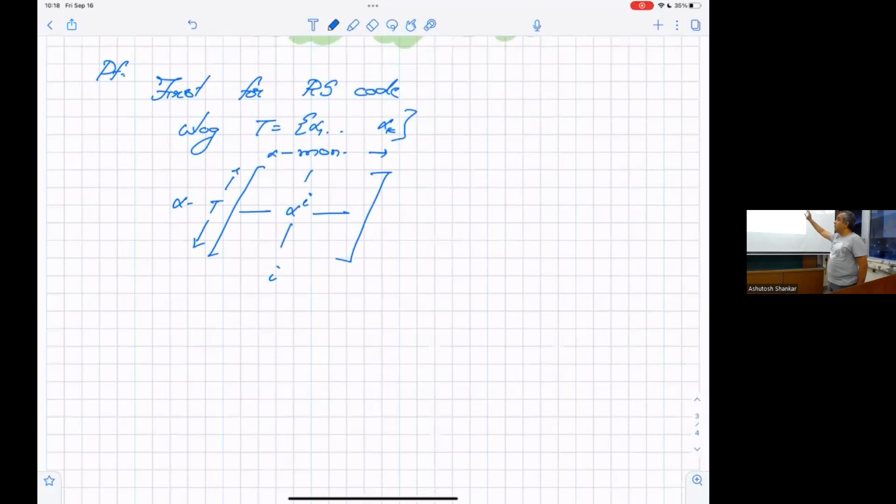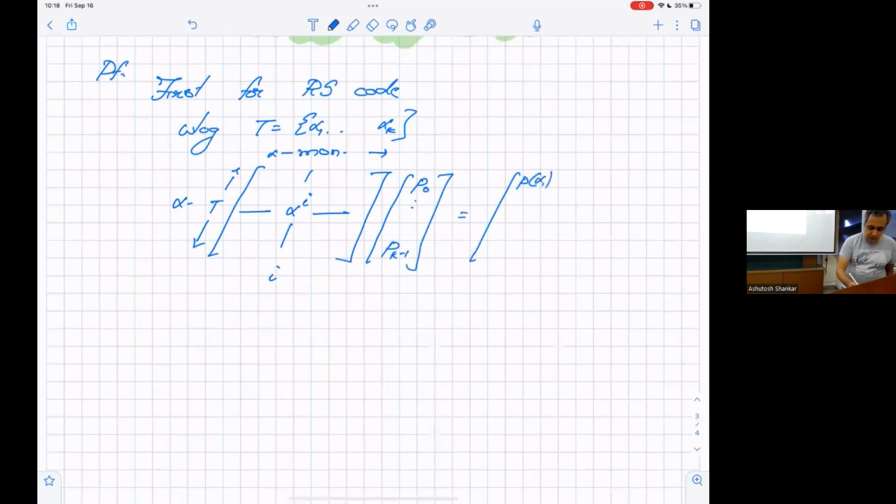And this is now a K by K matrix, not an N by K matrix. What we have here is just P of alpha 1 all the way up to P of alpha K. We have only the evaluations at the points in T. We don't have all of them. You're basically asking, from this can I go to this? And you can do it only if this matrix is invertible.